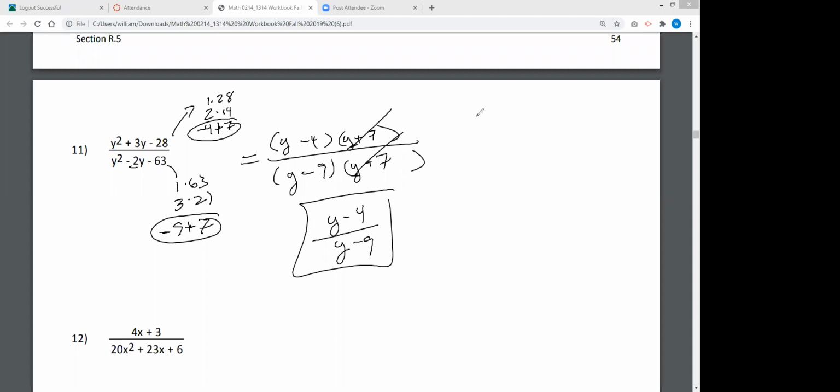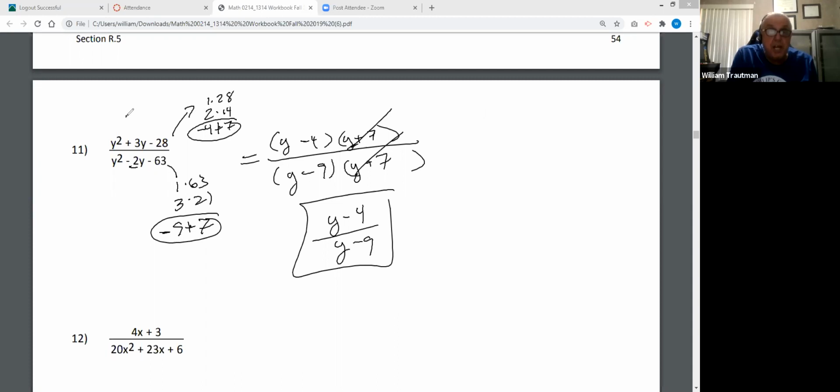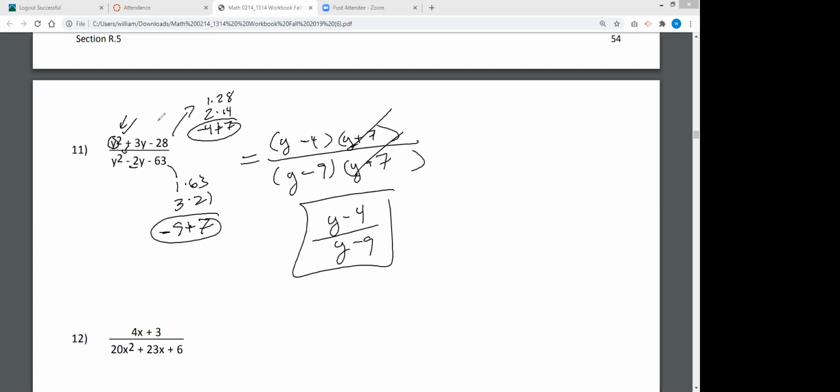The y to the second power, it doesn't matter? Yes, it has to be the second power. It doesn't matter what letter, but yes, remember, three terms, you have to have a second power there. You have to have a square there to factor it.